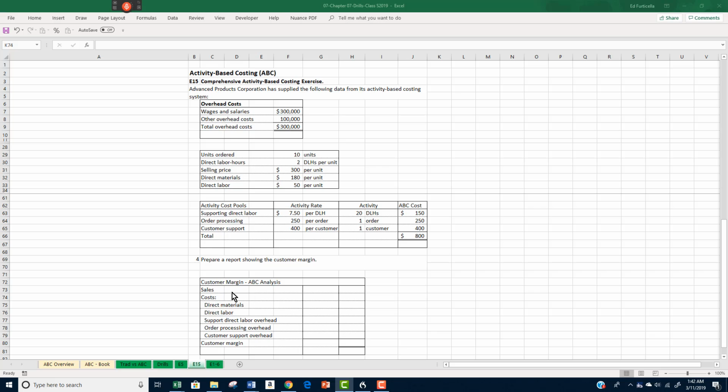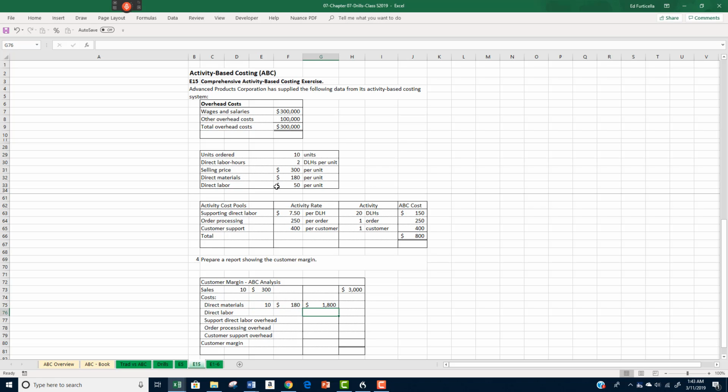In this case, sales were 10 units at $300 a unit, $3,000. Our costs include 3 basic areas: direct materials, direct labor, and overhead. Overhead, however, we're going to break into the 3 categories of cost pools: support direct labor, order processing, customer support. So let's start off with direct materials. For direct materials, again, we're going to use the 10 units times $180 per unit, $1,800 for direct materials.